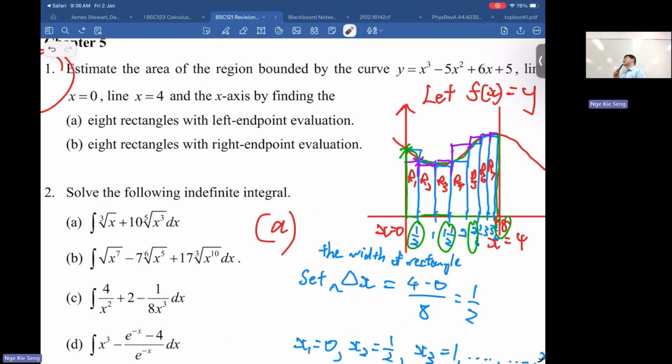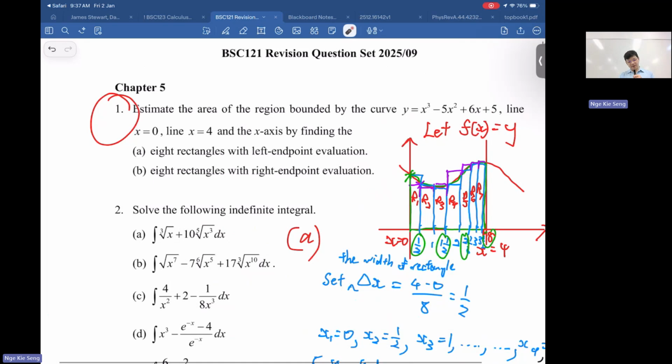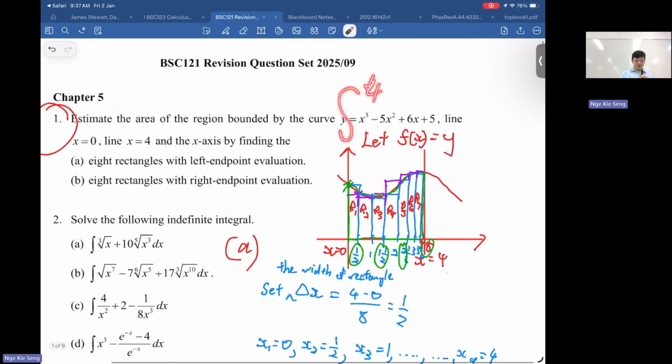I mean, this has to be done with taking the limit of the width of the rectangle going to 0. But even here, it's just an estimation. It's not the exact area. But we know how to find this exact area, right? We can do the definite integral. Okay, any question on this?